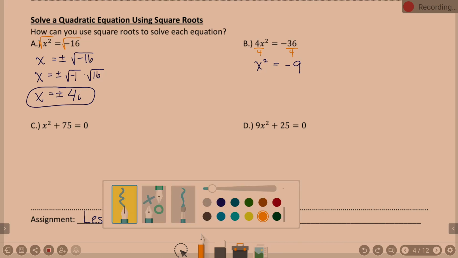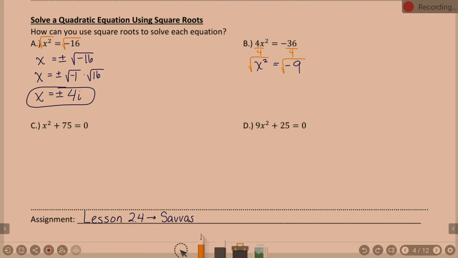If you have x squared equals a number, how do we solve? Take the square root of both sides. What is the square root of x squared? x. What about the square root of negative 9?